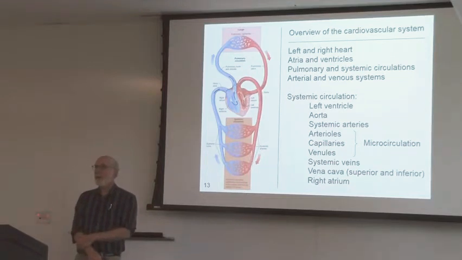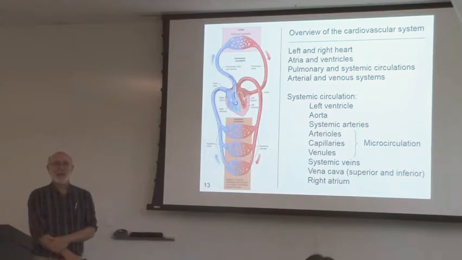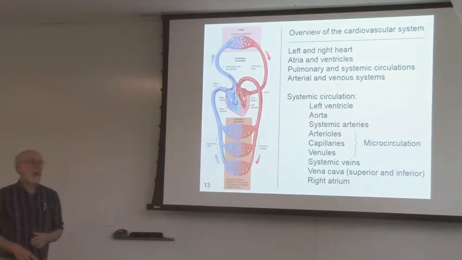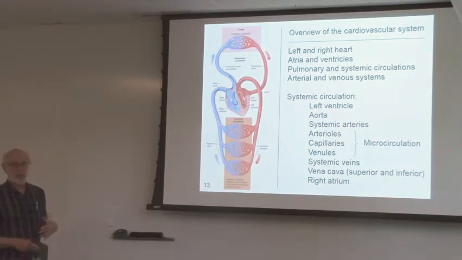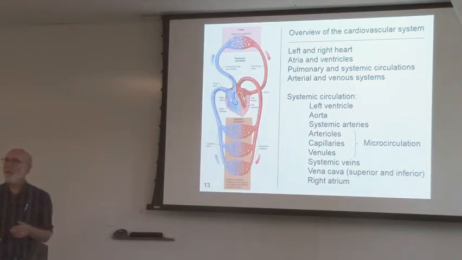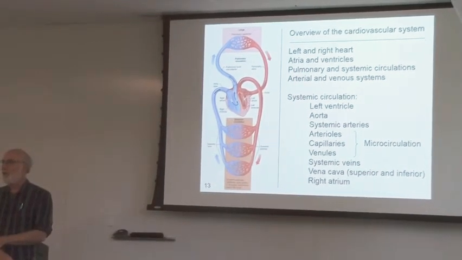But we talk about it in terms of 2 hearts. We talk about it in terms of a left heart and a right heart. And we actually talk about the circulation in terms of left and right. So, now what does that mean? How can we have a left heart and a right heart, but we only have one heart?